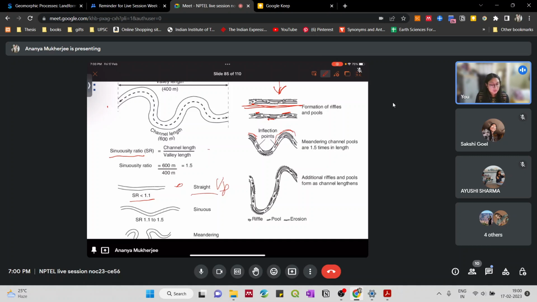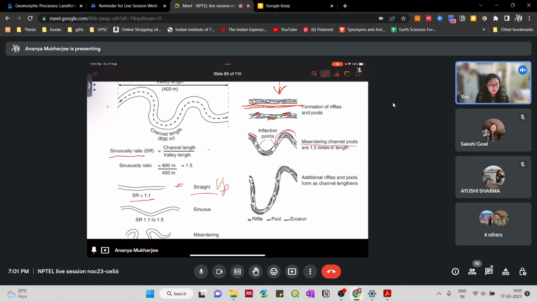See over here, the meandering channel pools are 1.5 times in length. Obviously this is an estimate of how the channel is. Also you can see that the channel length is increasing as and when your sinuosity is increasing. Then you have additional riffles and pools.